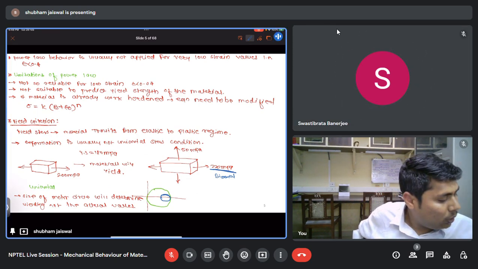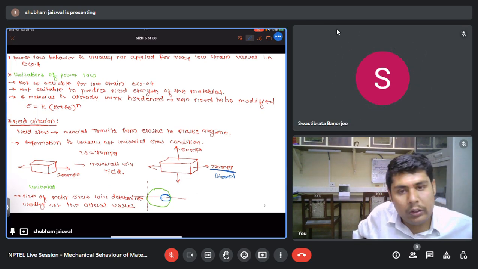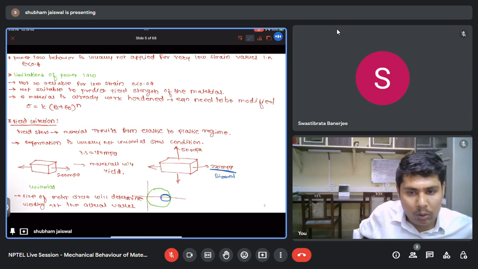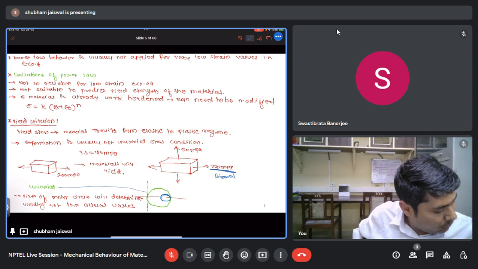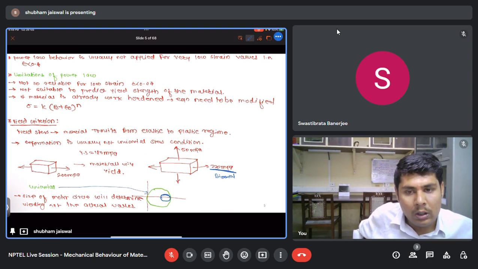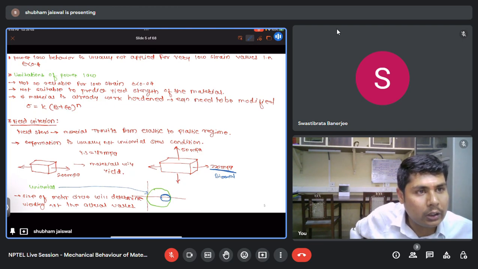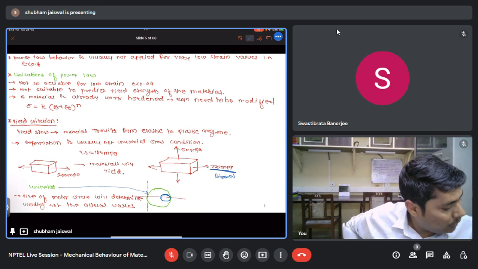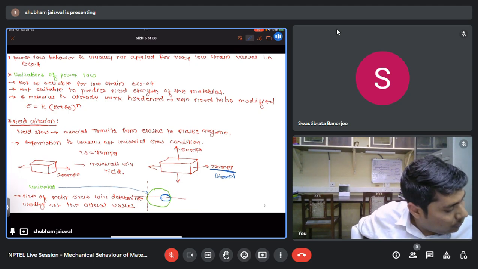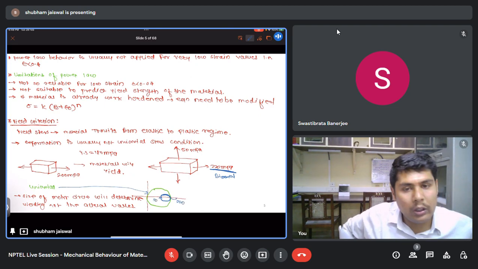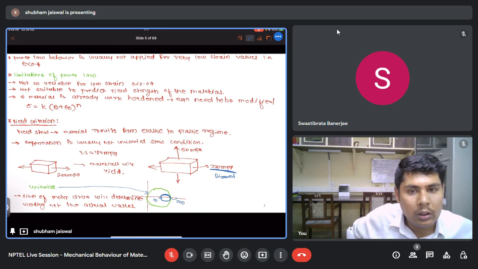For this biaxial state of stress, if you draw the Mohr circle, this green one is for the uniaxial. Here you can see that the size of the Mohr circle is very much higher. And here when you draw sigma 1, say this is 50, and sigma 2 is 220, the Mohr circle will be very small.